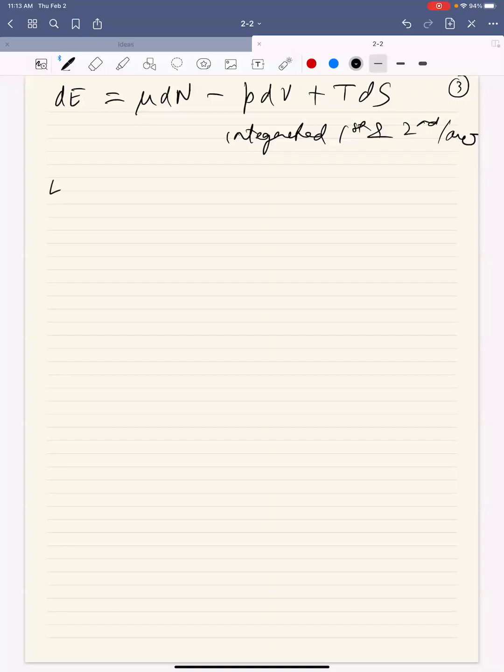Now the question is, we know that E has natural variables N, V, S, and if we were to write down E as a function of N, V, T, there is nothing wrong in it. You can write down such a function, but it is thermodynamically incomplete. What does it mean? I will re-emphasize this point.